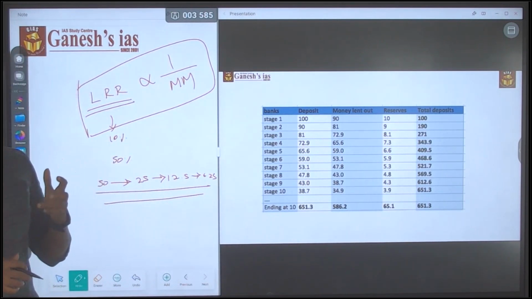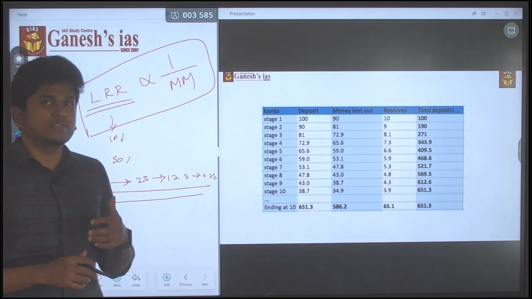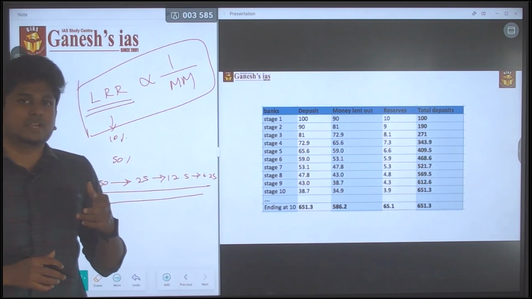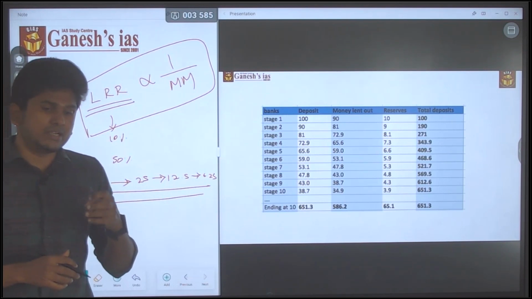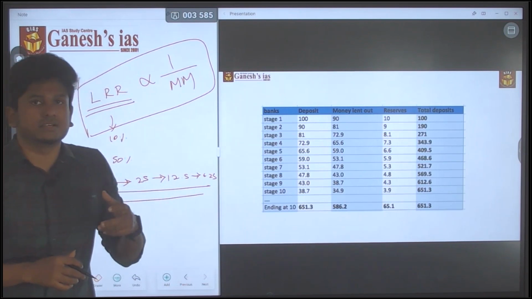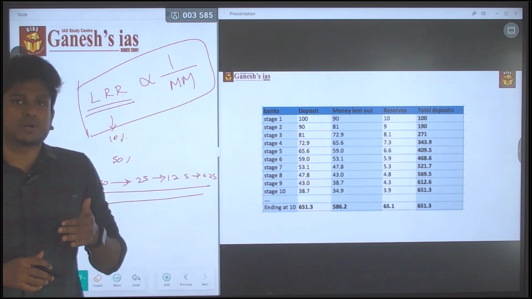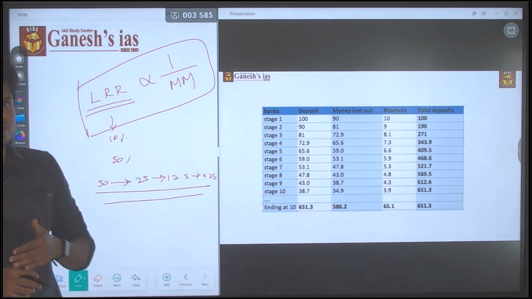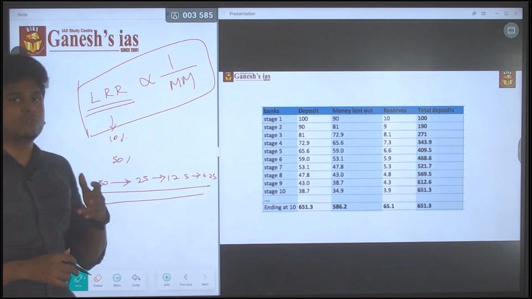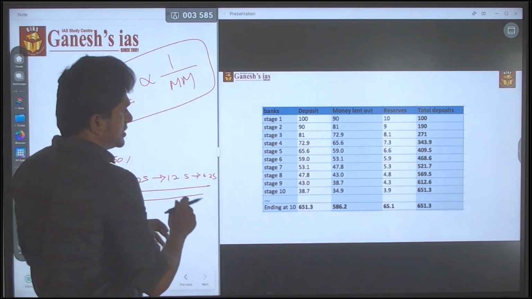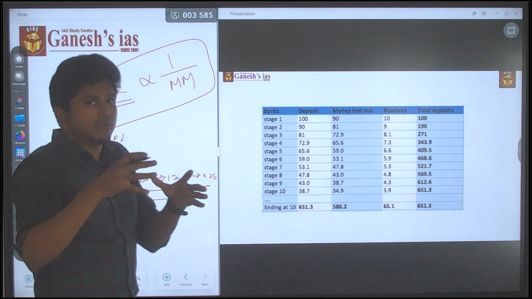If there is a reduction in the money multiplier activities, it means the legal reserve ratio, the money that is going as a reserve, is increased, and by that the money multiplication process is reducing. So this is the basic idea about the money multiplier.